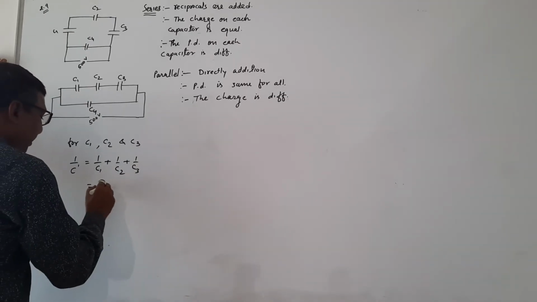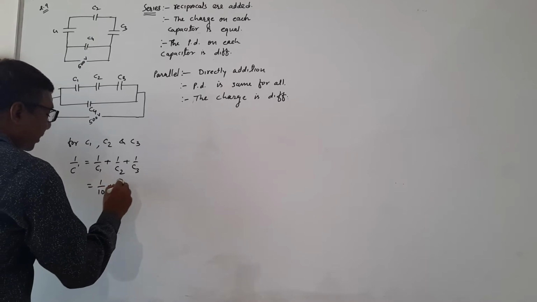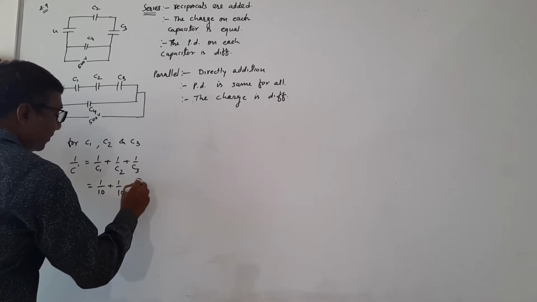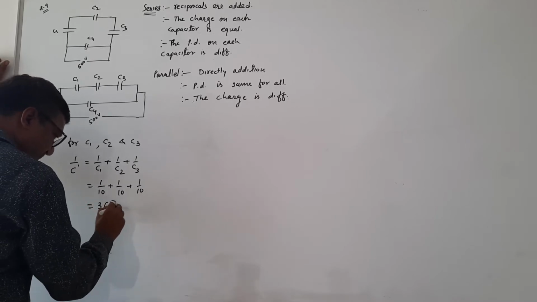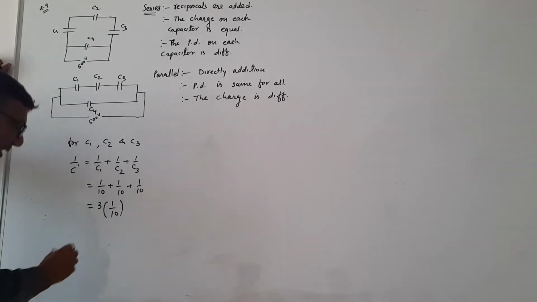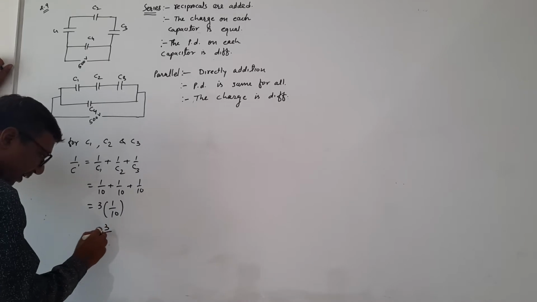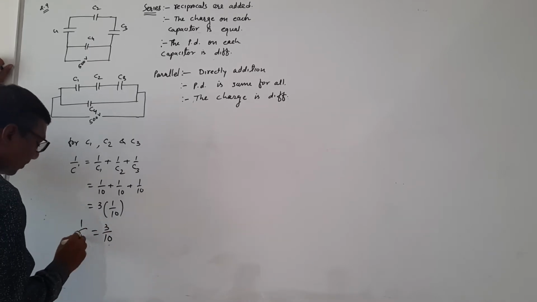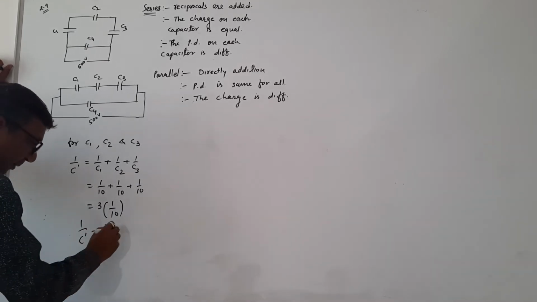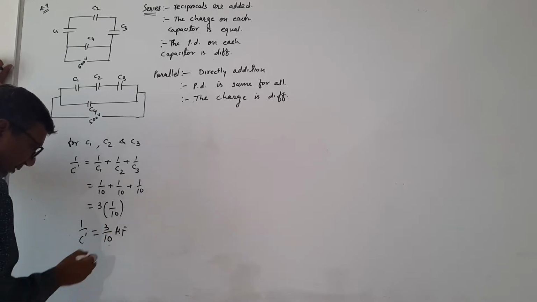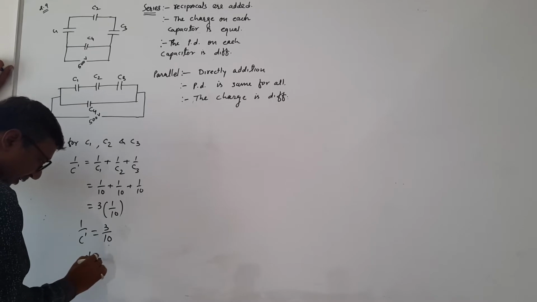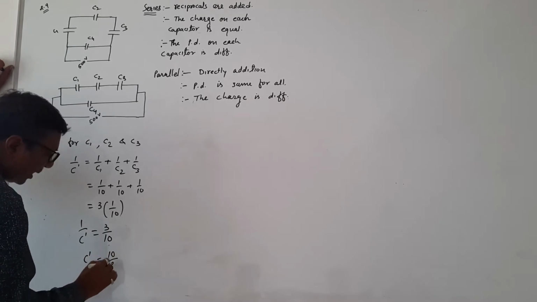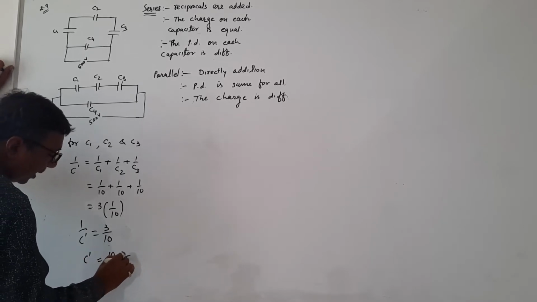So you know that 1/10, 1/10, 1/10 microfarad. So it is 3 times 1/10, that means 3/10, so 1/C dash is 3/10 per microfarad. When making the reciprocal, C dash is 10/3 microfarad.